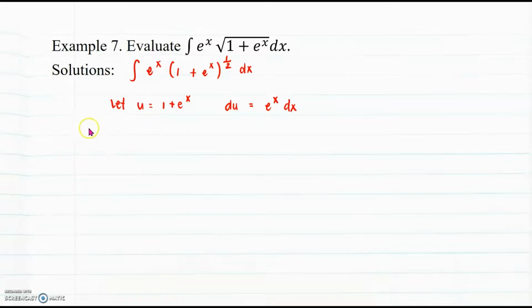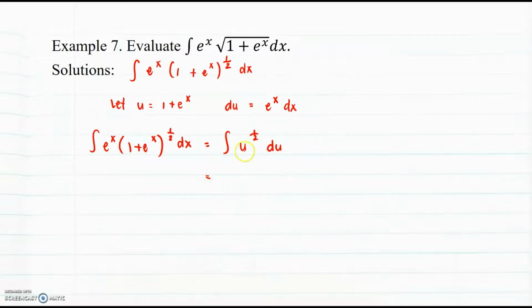So we have the indefinite integral of e raised to x times 1 plus e raised to x, raised to 1/2, with respect to x, which is just equal to the indefinite integral of u raised to 1/2 with respect to u.